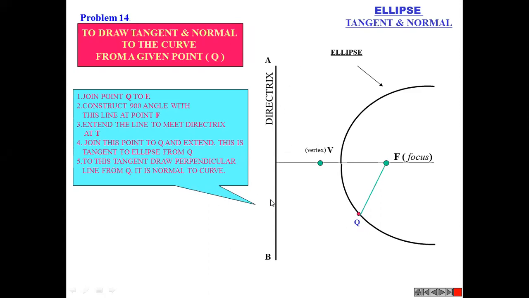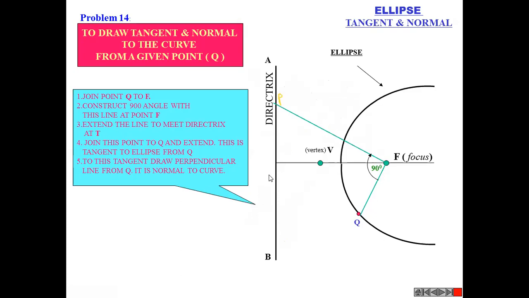Now we will draw one line perpendicular to this FQ line, which will intersect the directrix at a certain point, say for example P. First we generated line QF, second we generated line FP. If I say this is P, fine. So the second line is FP.